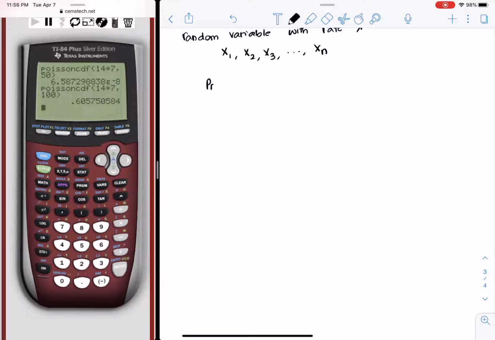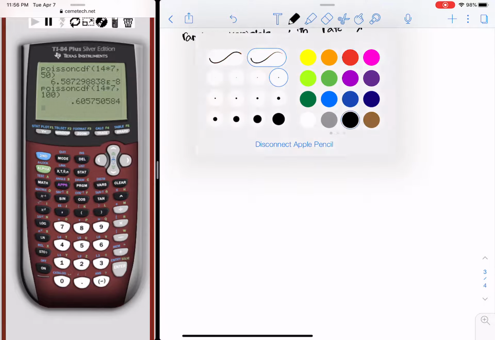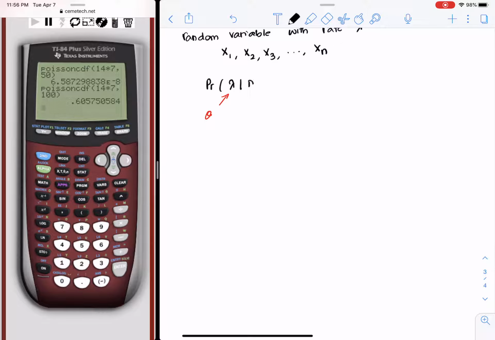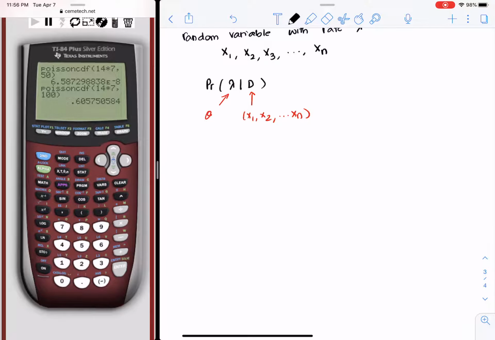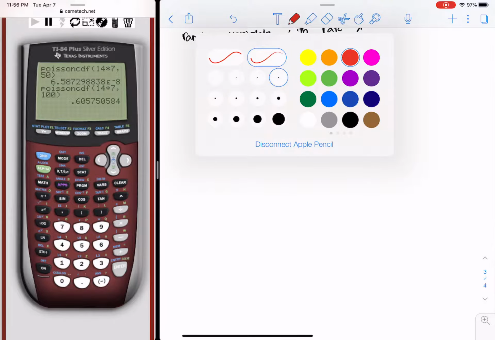We know the probability of lambda, which is our parameter, so that would be our usual theta, given the data, which is the sample or evidence, is proportional to the probability of the data given lambda, which is the likelihood, multiplied by the prior.